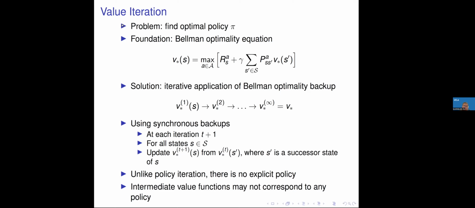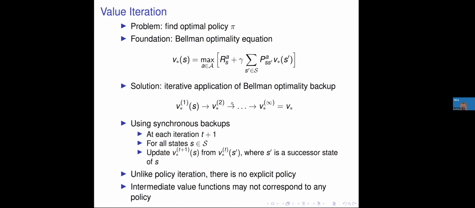So how does value iteration achieve this goal? Remember that besides the Bellman equation, we also have the Bellman optimality equation, which is this one. And this one also enjoys a fixed point iteration, or fixed point based algorithm, to find this V star. We start with some initial guess of the optimal value function, which we call V star super 1. Using the fixed point iteration, we get V star super 2.